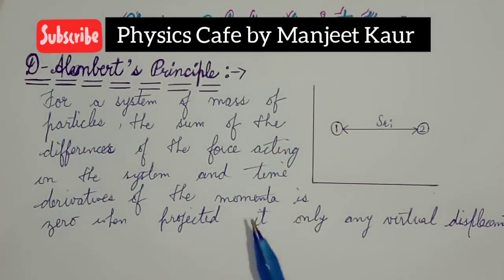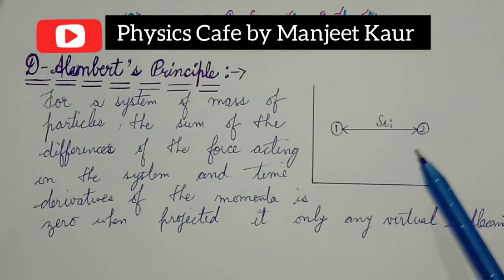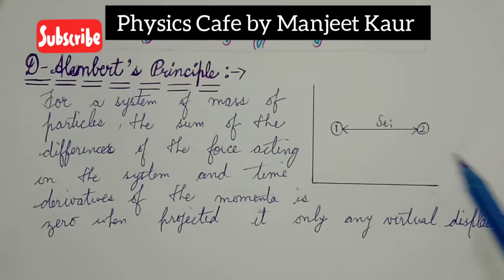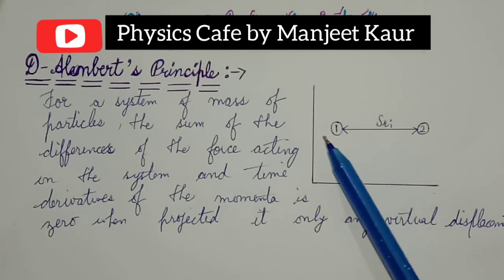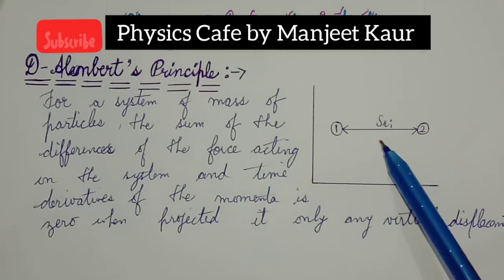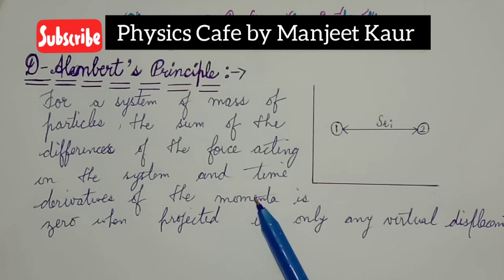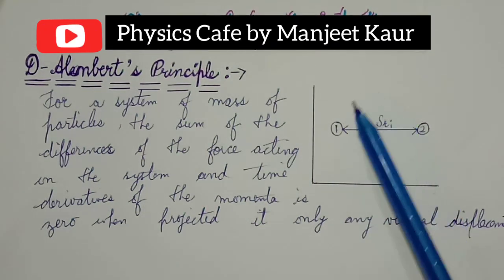That means for a system in which we have a number of particles, when we apply forces, that means constraint force or applied force, the difference of the forces acting on the system and the time derivative of momenta is projected, and we get the virtual displacement.